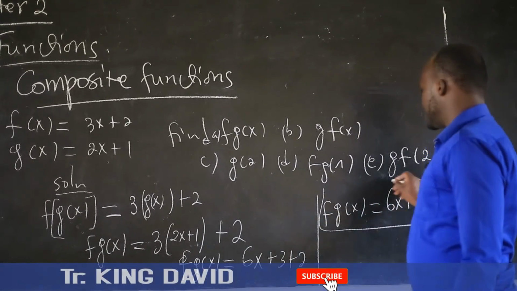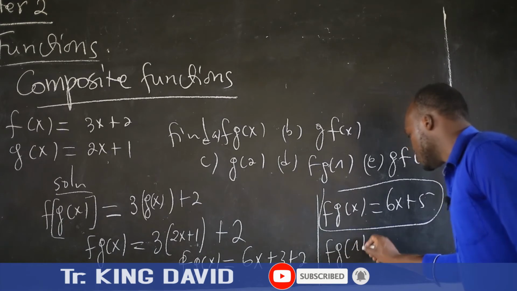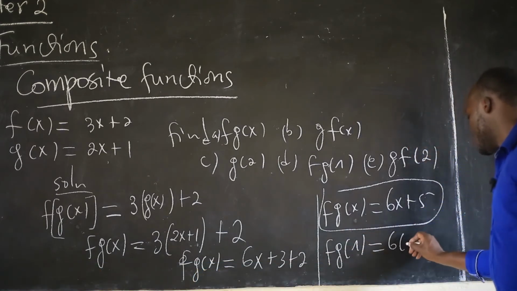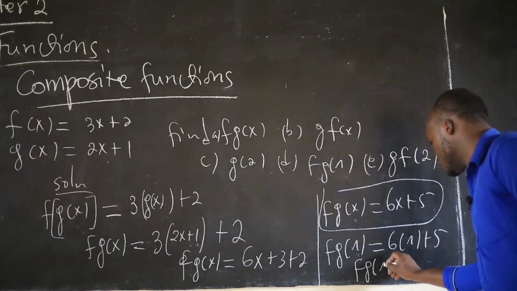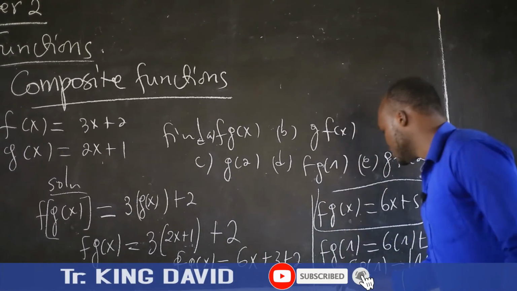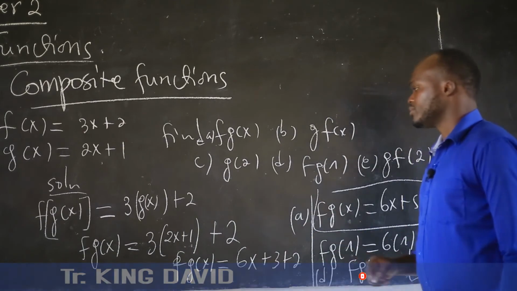So now, what is the fg of 1? Fg of 1. So where there is x now, I have 1. That is 6 into 1 plus 5, where fg of 1 equal to 11. So this is D, answer for D, and this was the answer for A.